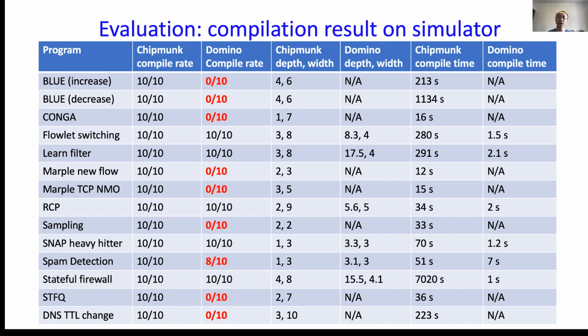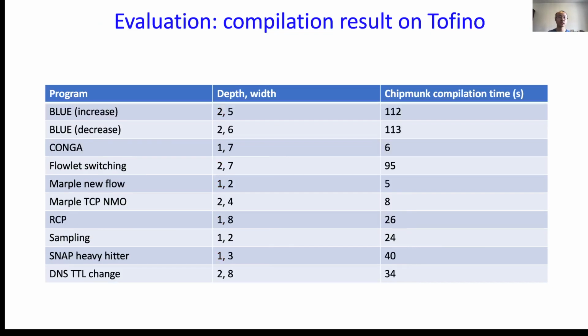As for the compilation time, this is the Achilles heel for Chipmunk, because Chipmunk takes several minutes, sometimes several hours, to get our benchmarks compiled, but Domino only takes several seconds. The worst case takes 2 hours, but most of them finish within 5 minutes.